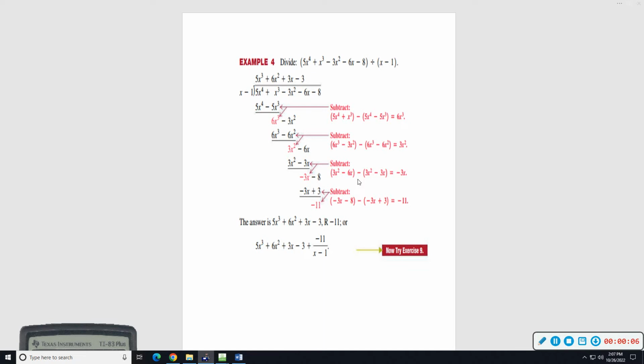Okay, today we're going to look at zeros of polynomials, and it's going to involve polynomial division. What I'm showing up here is some long division that you would have seen in your first algebra class.